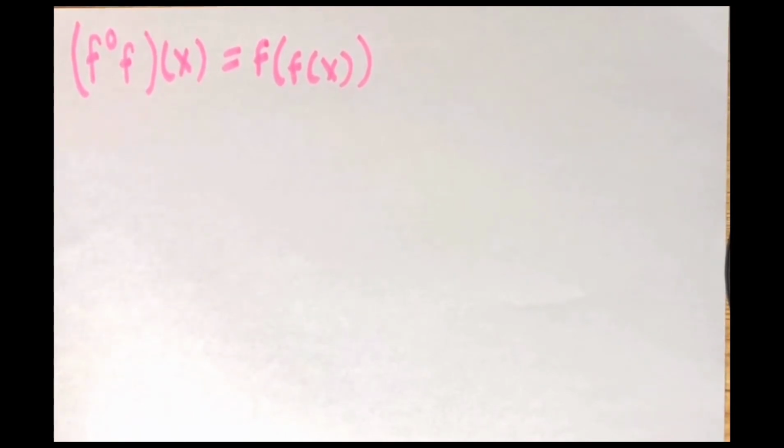Letter C, f composed of f of x. Given the function f of x is equal to 3x plus 7, find f composed of f of x.